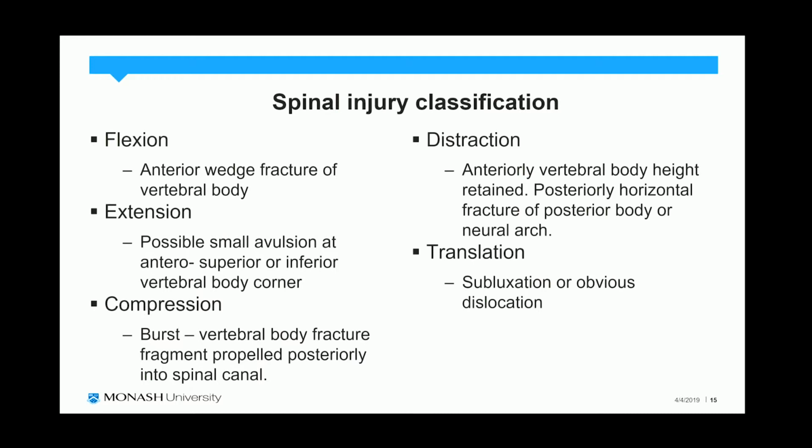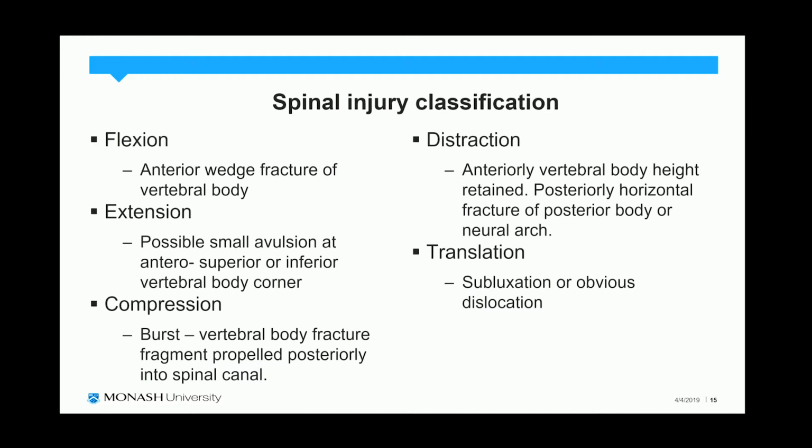Now, spinal injury can be classified according to the mechanism of injury. With flexion, this will result in an anterior wedge fracture of the vertebral body. With extension injuries, this could result in a small avulsion at the anterior superior or inferior vertebral body corner.